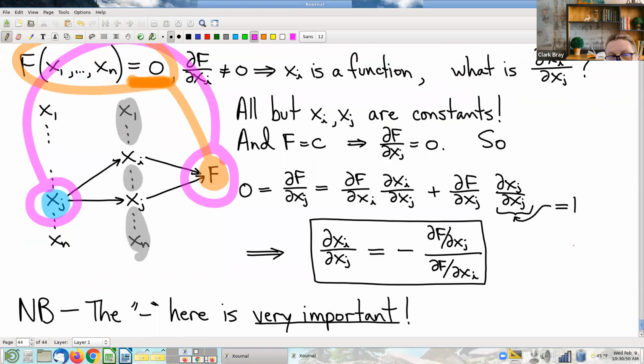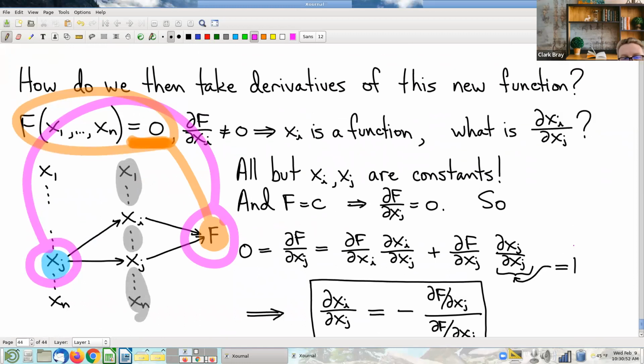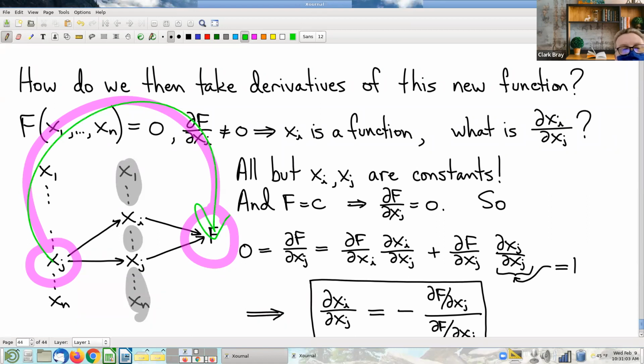Okay, so that partial derivative is 0. Here's the thing, though. I also can compute this partial derivative, the composition partial derivative here, with the chain rule. Right? And so here we go. Ultimately, the partial derivative I'm interested in is the partial of f with respect to xj.